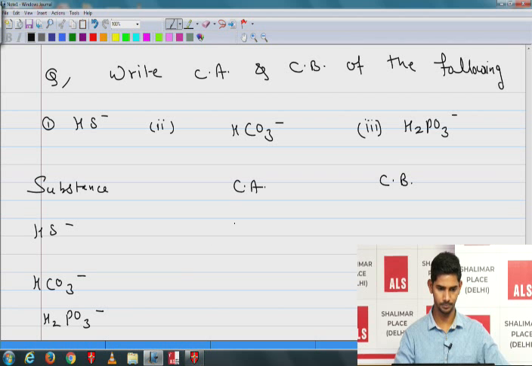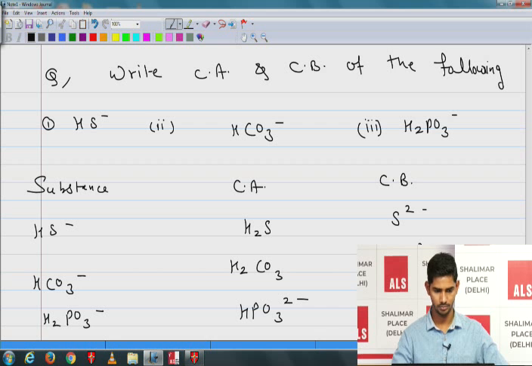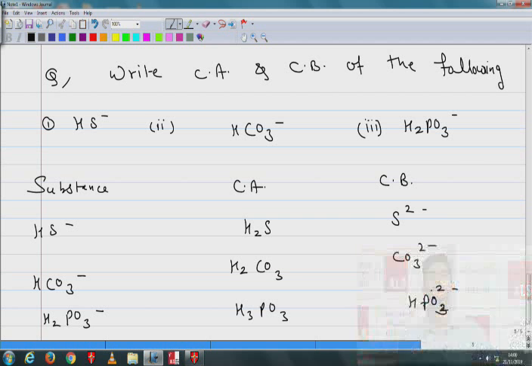H2PO3 minus: conjugate acid H3PO3 and conjugate base HPO3 2 minus.